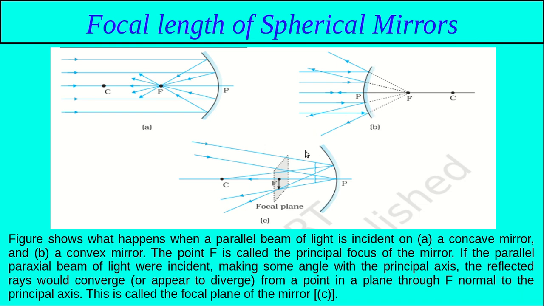The C portion of this picture shows that if the parallel beam of light were incident making some angle with the principal axis, the reflected rays would converge to a point in a plane through F normal to the principal axis. This is called the focal plane of the mirror.